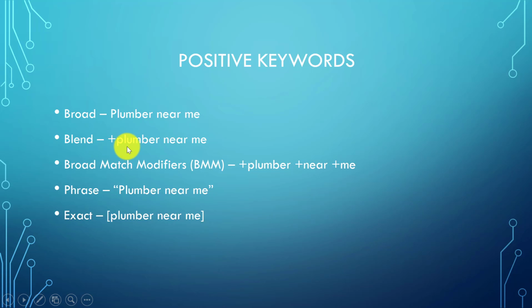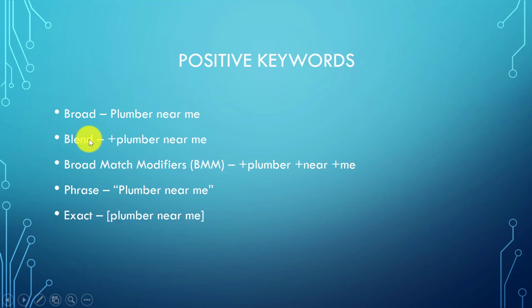If you want to do a blend, meaning it's a blend between the broad and the broad match modifier, you would put a plus sign next to whatever word you want to ensure that shows in whatever that search term may be. So in this case, plumber needs to show up. Near me is broad.